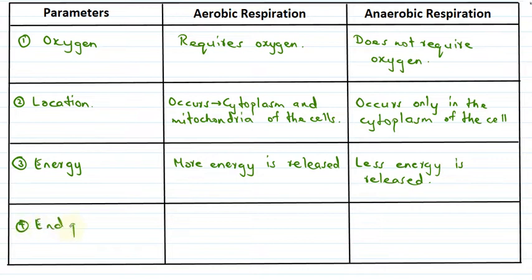Okay, then we will talk about the end products. What are the end products formed in these two types of respiration? So in case of aerobic respiration, carbon dioxide and water are the end products, and energy is released. Whereas in case of anaerobic respiration, lactic acid is formed.